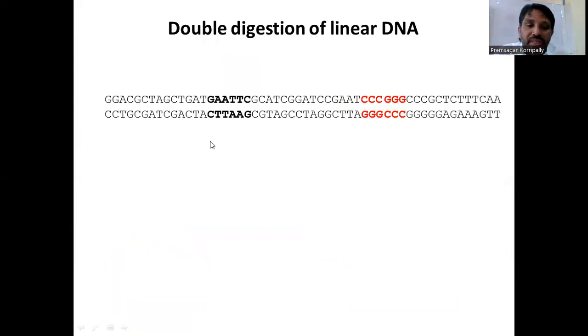You see, this is a double-strand DNA molecule having two sites. One is EcoR1, GAATTC. The other one is SmaI, CCCGGG, right? So it's a double-strand DNA molecule. Now, when you incubate it with the two enzymes, the two enzymes look specifically for their recognition sequence, right?